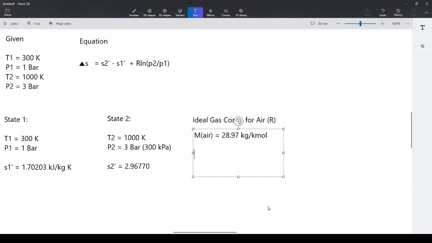Then we have to do R is equal to R bar, or I'll just call it R prime, divided by M, right? So then we just do that really fast: 8.314 over 28.97. So this right here will be our value for R when we throw it into the equation right here.